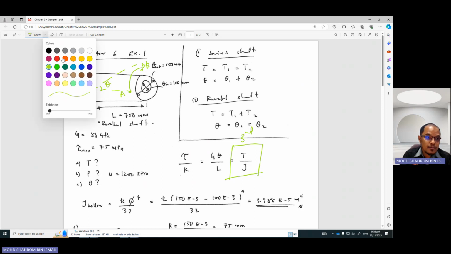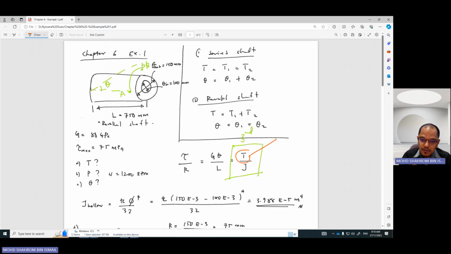The third expression more or less dia ada T. T ni apa? T ni ialah torsion. Berapakah magnitude torsion yang dikenakan?